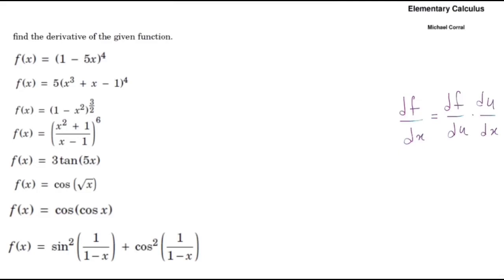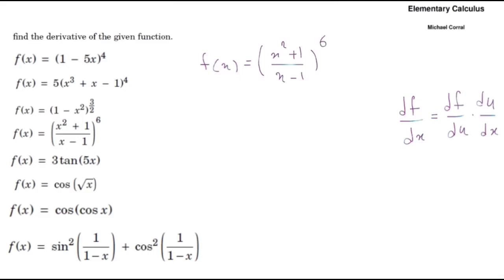The next function is f(x) equals ((x squared plus 1) over (x minus 1)) to the 6th power.